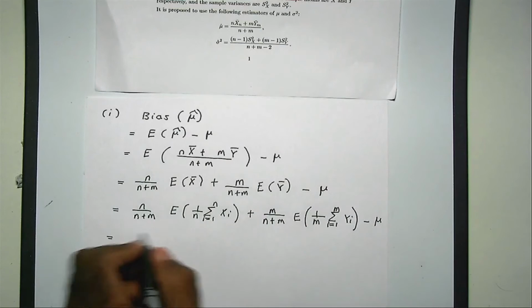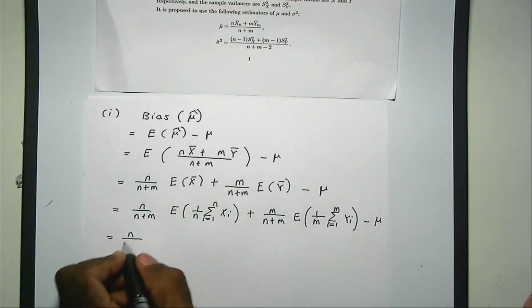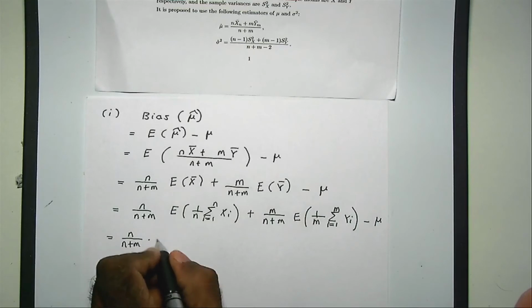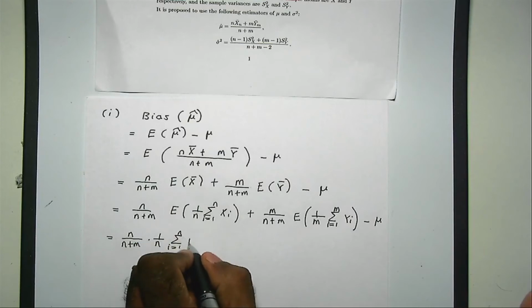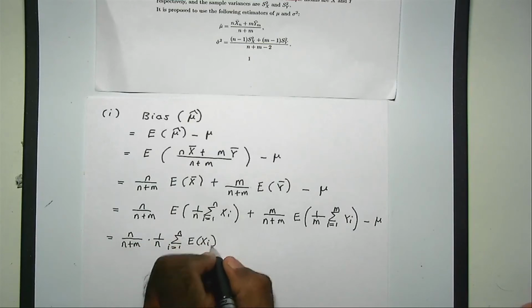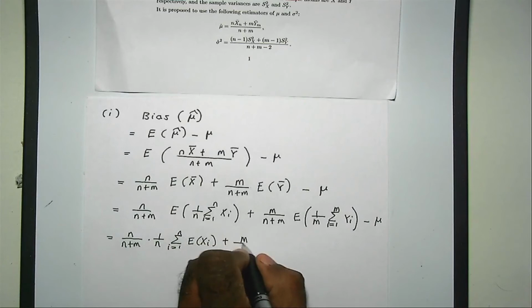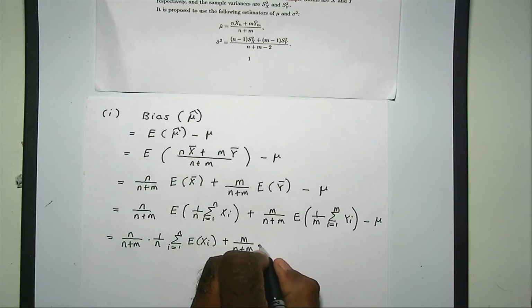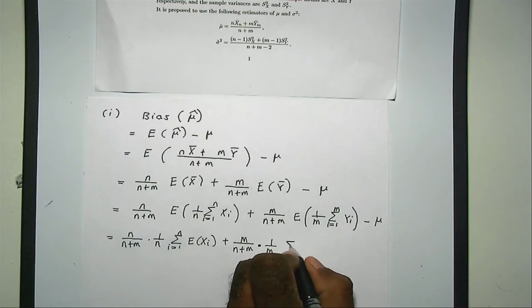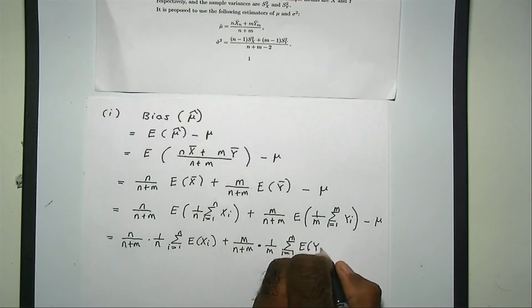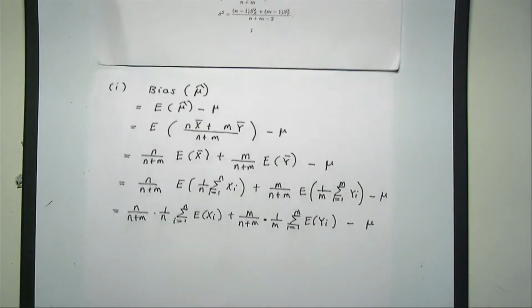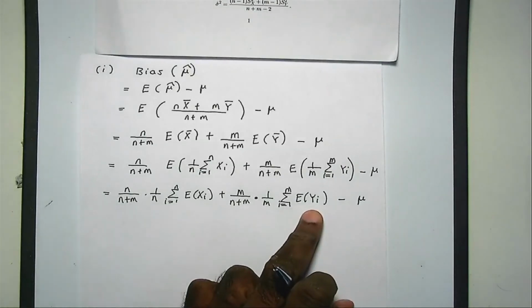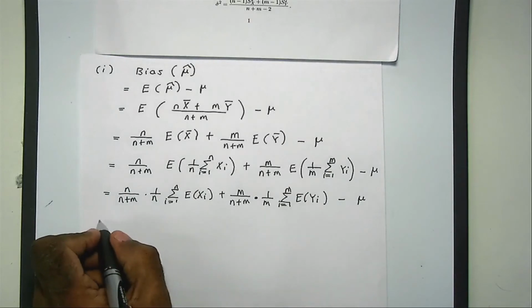Alright, so if you take the expectation inside, we get 1 over n times the expectation of xi.